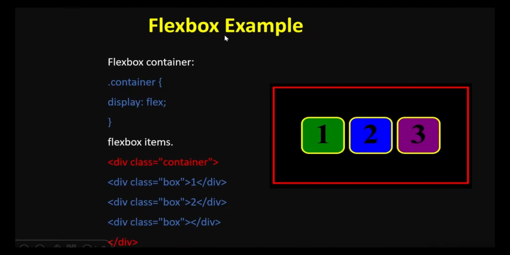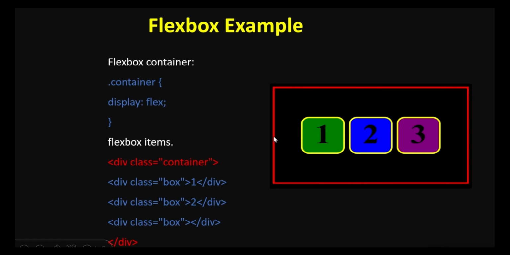To apply Flexbox properties, we need a container. So on this container in CSS, we will apply the property display flex. To apply other properties of Flexbox, we need the very first property, that is display flex.